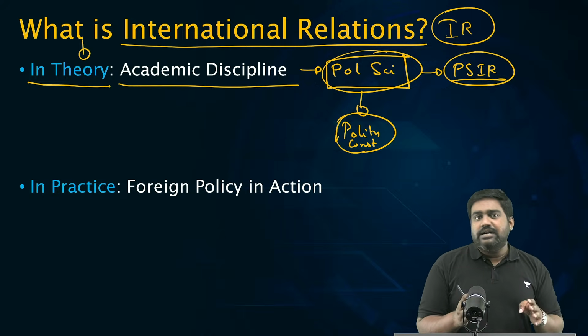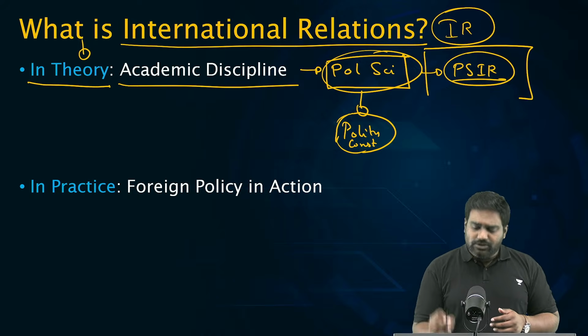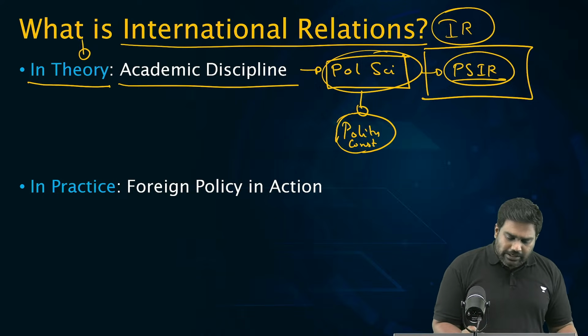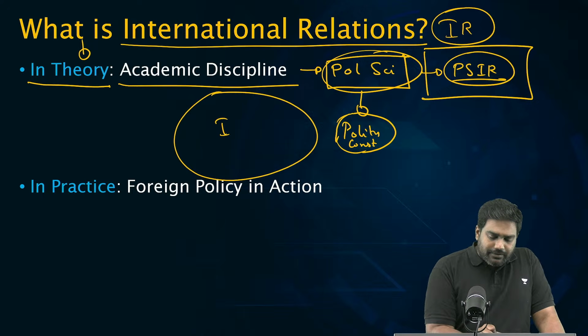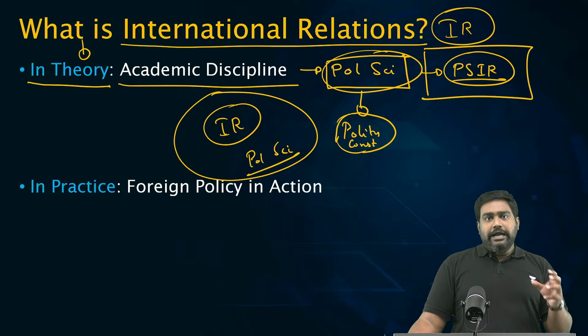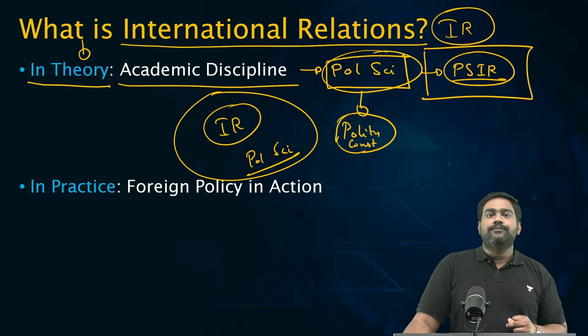That comparative study and analysis is political science. One subset of political science is international relations. So if political science is like the universal set, then IR is a subset of political science. As an academic discipline, it is one of the academic disciplines within political science.